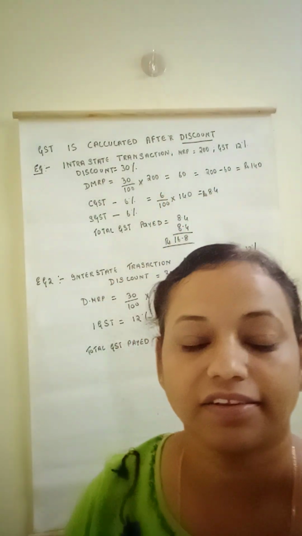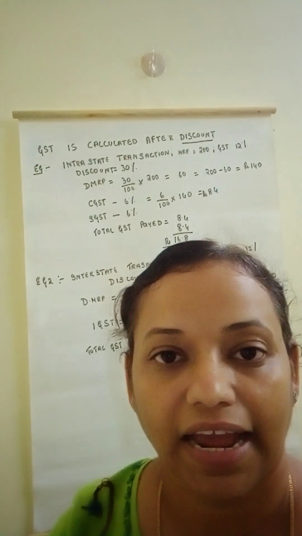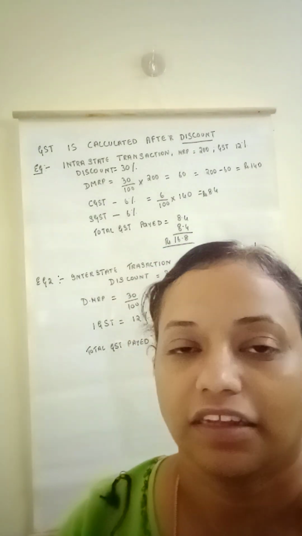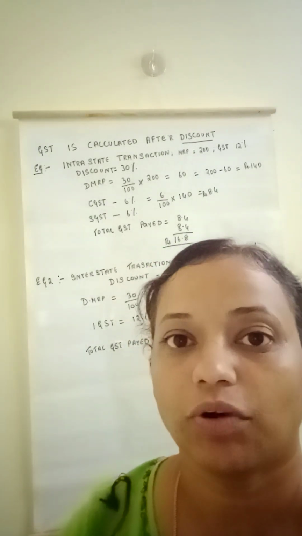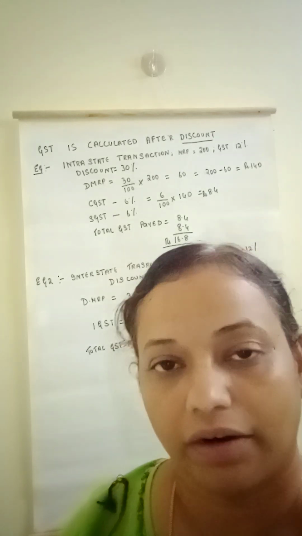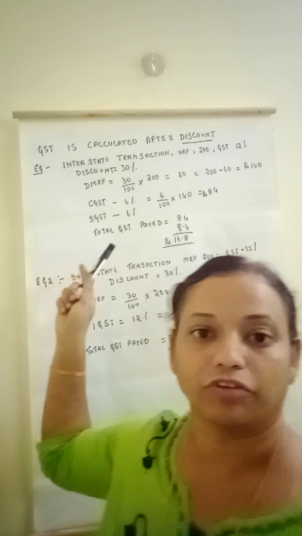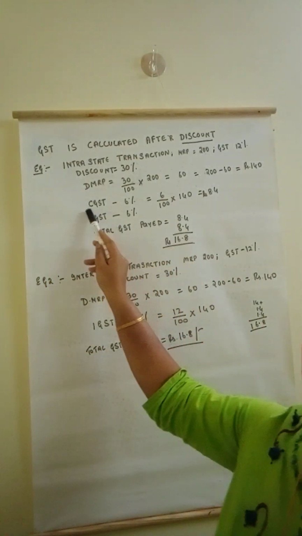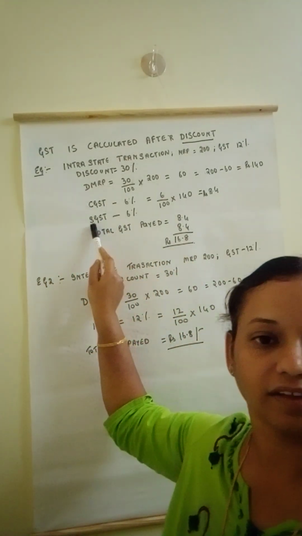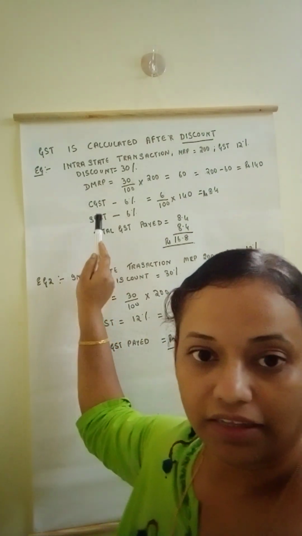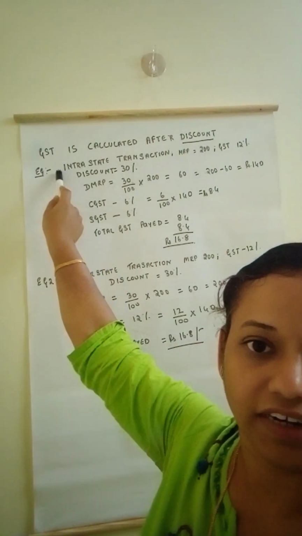As previously discussed, if the GST is 12% and it is intrastate, the state and the central government equally share the taxes, so 6% and 6% is what we have to calculate. That's what is written here. CGST and SGST is applicable in this circumstance where it is an intrastate transaction.